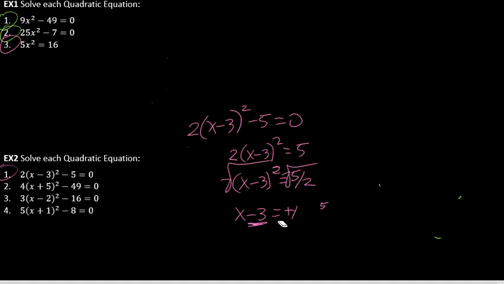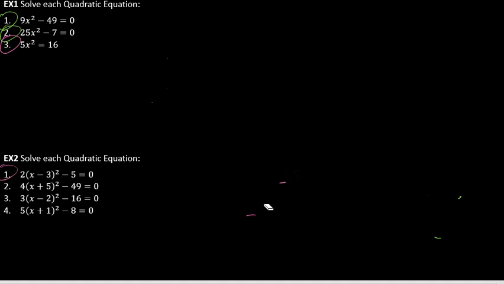Okay, so let's look at our second example. Let me erase all of this as best as I can. So I've got 4 times x plus 5 all squared minus 49 equals 0. Again, just solving for x, add 49 to both sides.